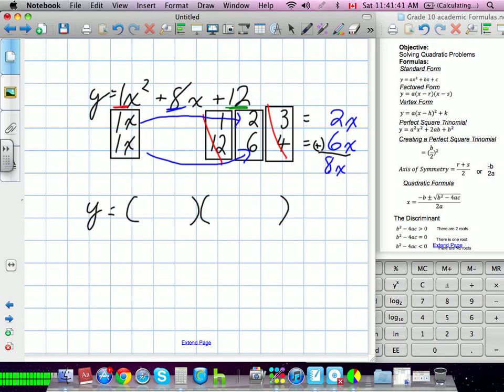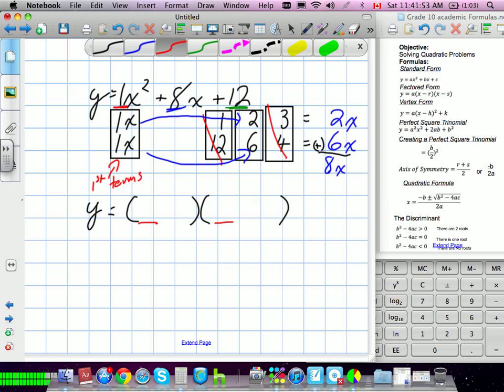I want you to recognize, though, these deal with the first terms, or in other words, the first term in each bracket. And these deal with the second terms in the brackets. So in other words, they fill out those spots there.